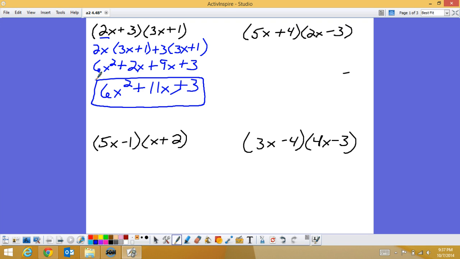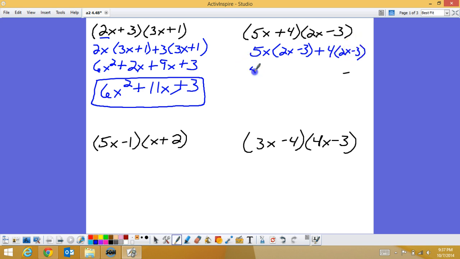The second one, we're going to take 5x times the entire second and 4 times the entire second.